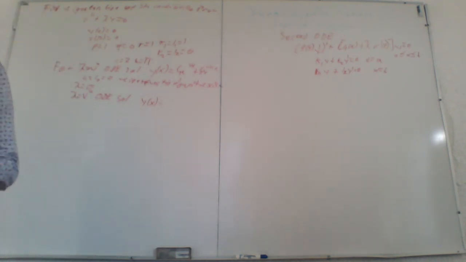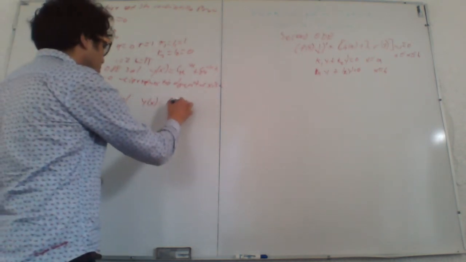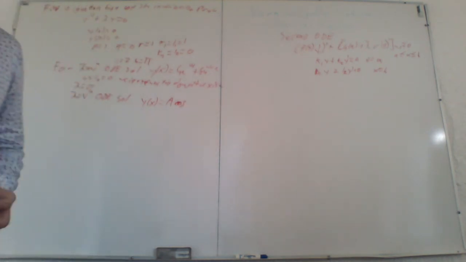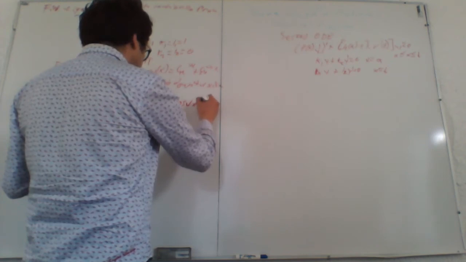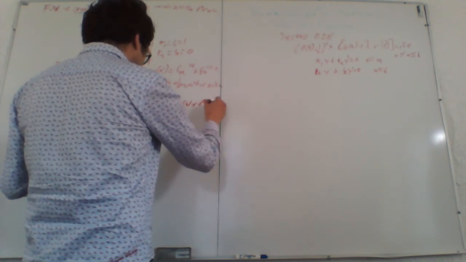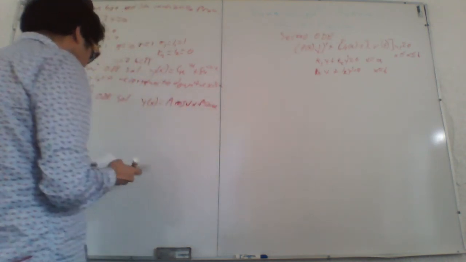and we are going to see that it is very familiar because we have a cosine of bx plus b sine of bx. Okay?